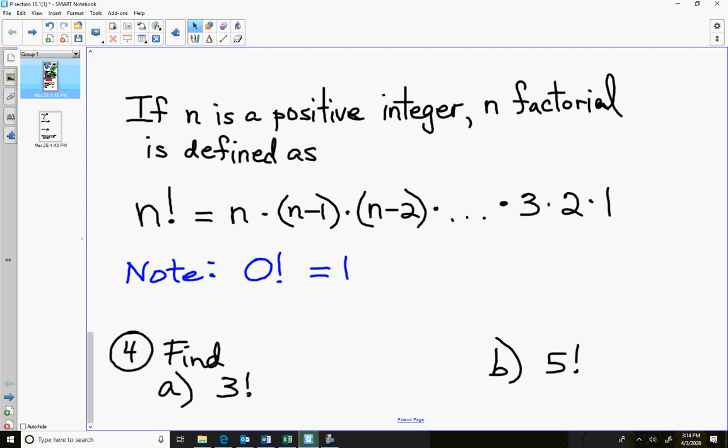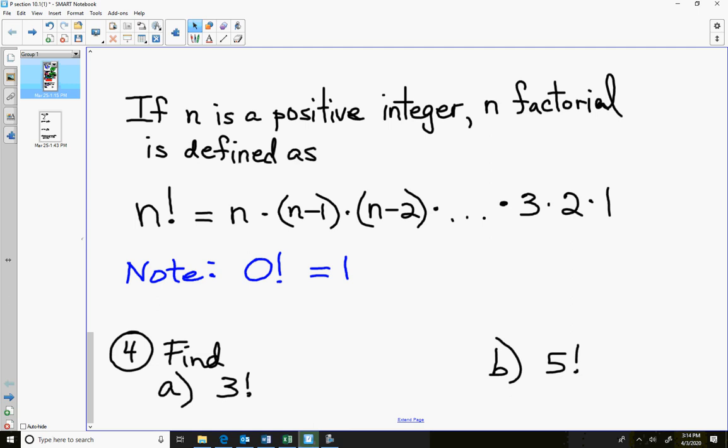If n is a positive integer, n factorial is defined as, and factorial looks like an exclamation mark. So that n exclamation mark, really, we say it n factorial. It is simply n times, and then you just do the one less than that number.